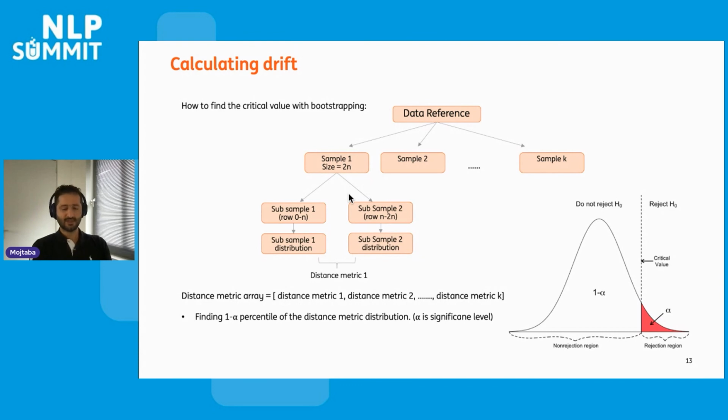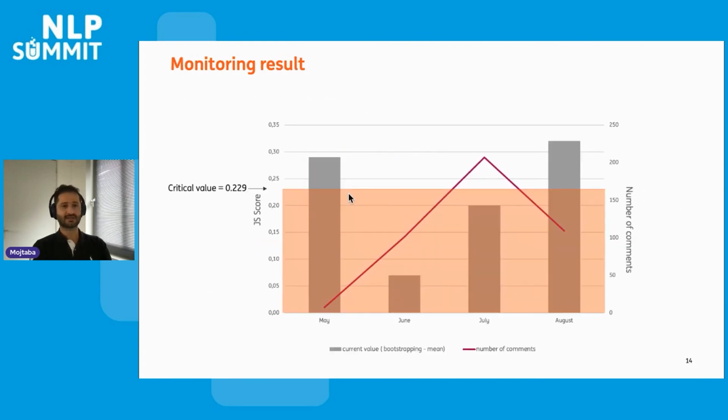So let me give you an example of our case. Here you can see the calculation of a JS score for May, June, July, and August. Our reference data is somewhere in, suppose, April or February.